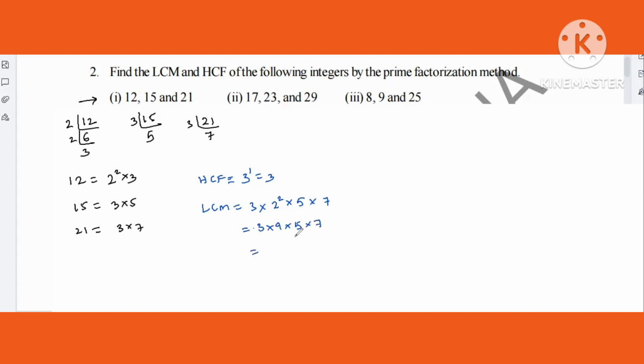So 3 4s are 12, 12 into 35. You can multiply and write: 5 7s are 35, 35 times 12 is 420. That is the LCM and HCF for the 3 numbers.